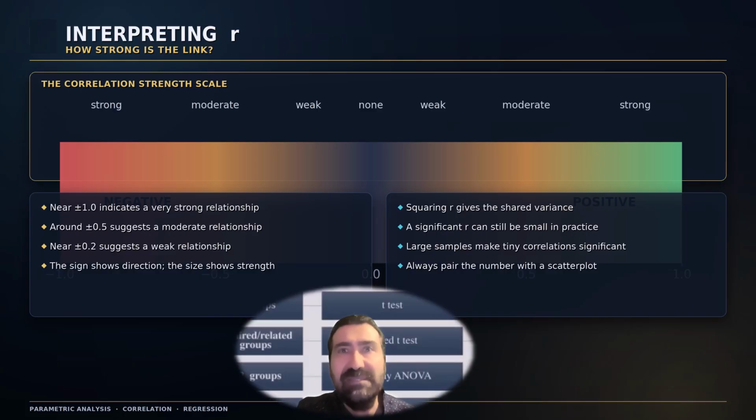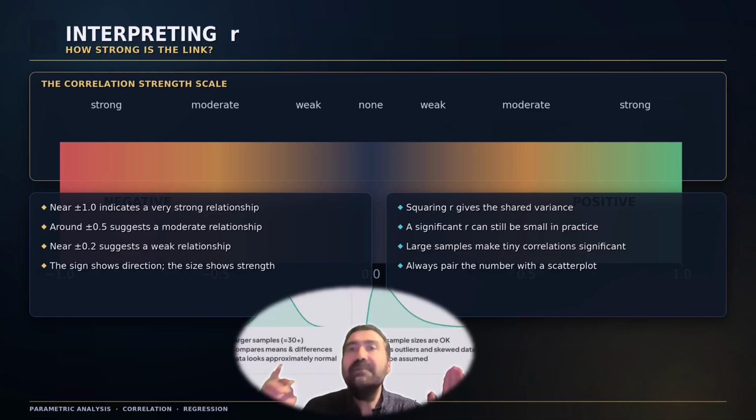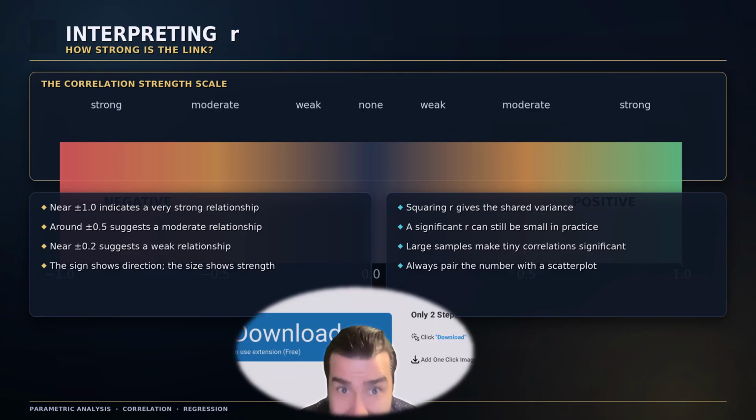Here's a quick way to sanity check yourself. If someone tells you they found a correlation of 0.9, picture points hugging a line very tightly. If they say 0.1, picture a vague, shapeless cloud. Train your intuition to see the number as a picture and you will rarely be fooled. And one more handy idea to tuck away.